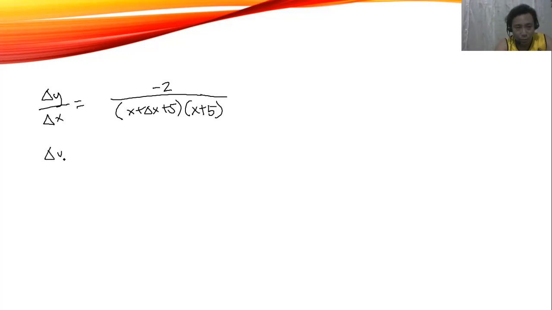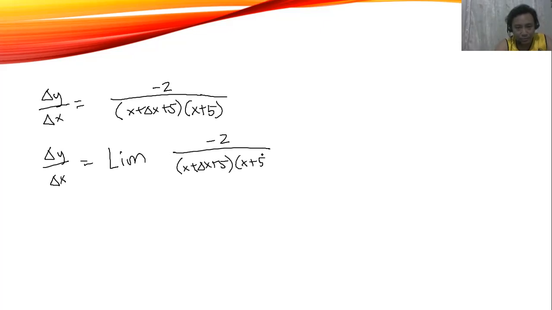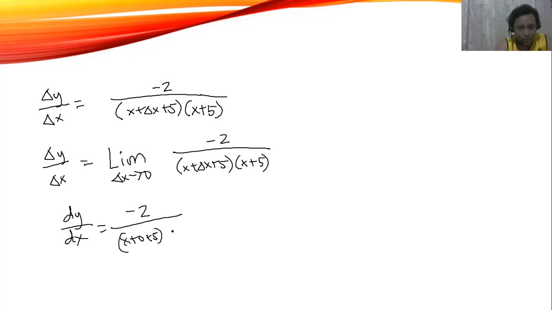So now we have delta y over delta x is equal to the limit of negative 2 all over x plus delta x plus 5 multiplied by x plus 5 as delta x approaches 0. So we have dy over dx is equal to negative 2 over x plus 0 plus 5 multiplied by x plus 5.